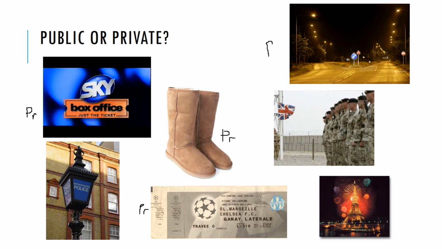So this meets both our characteristics, and we would say that street lighting is a public good. What about the army? By me being protected by the army, does that mean there's any less protection for anybody else? No. Can we exclude anyone from the benefits of the army protecting us? No. So the answer is no for both, and we would describe the army as a public good.